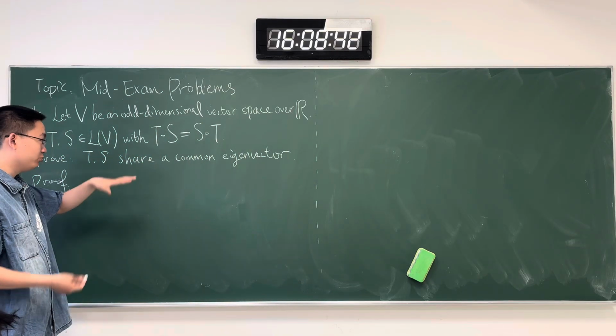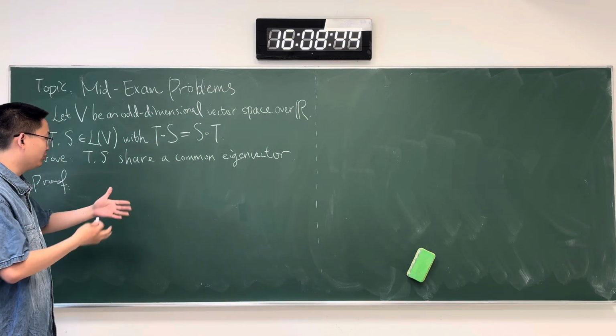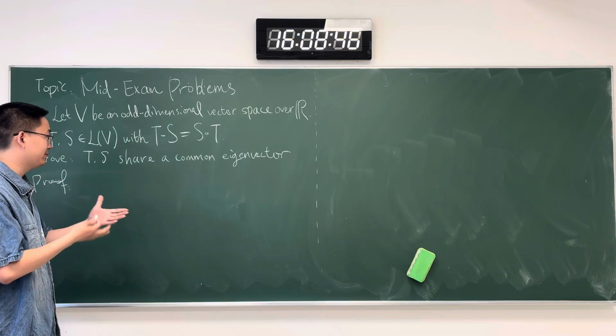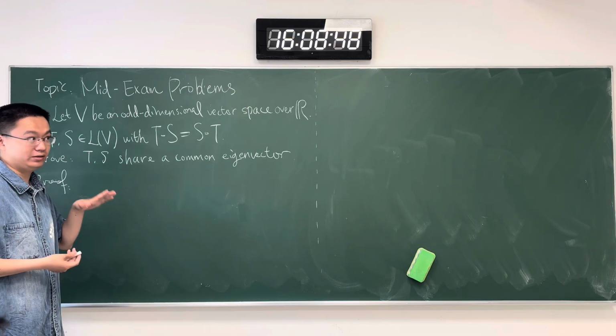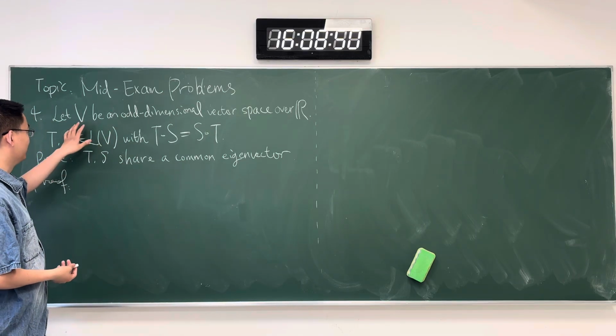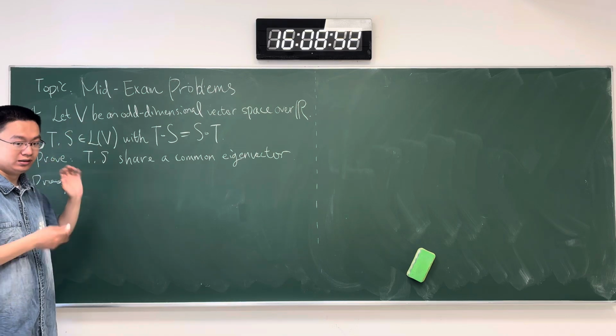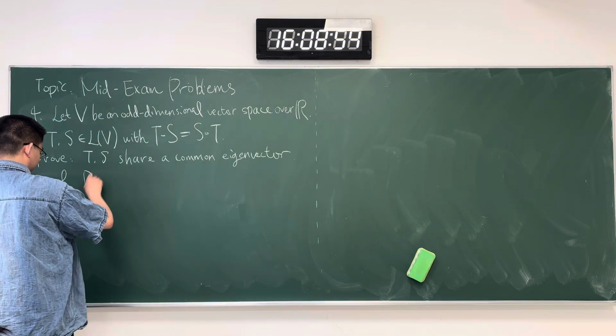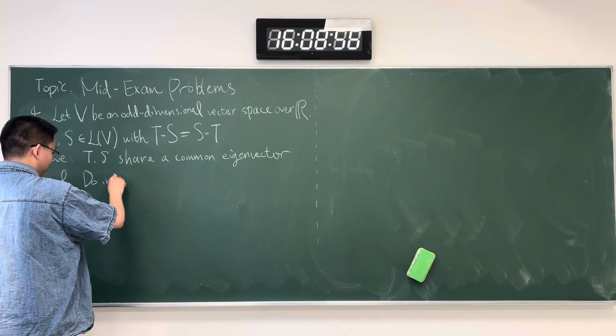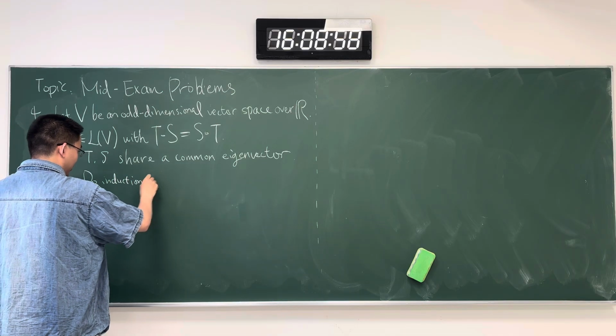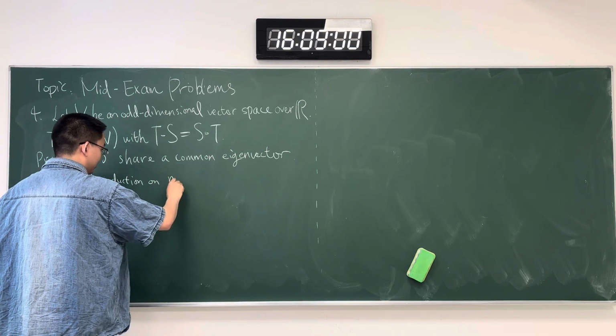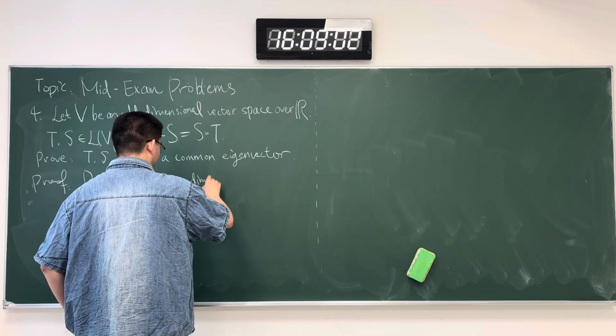To descend our problem to these common invariant subspaces, we need to do induction on the dimension of this vector space V. So let us do induction on n equals the dimension of V.